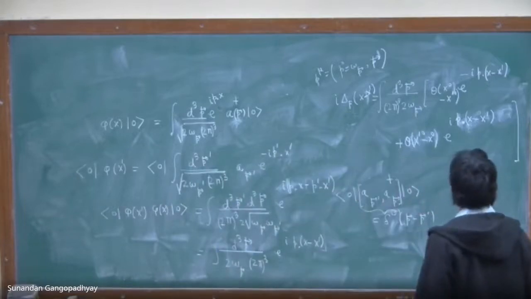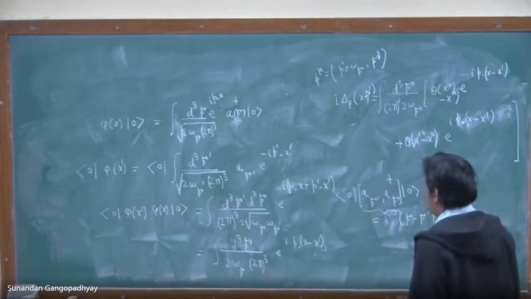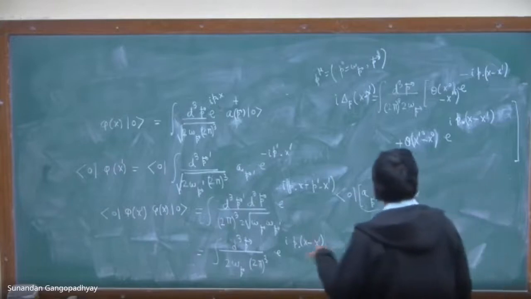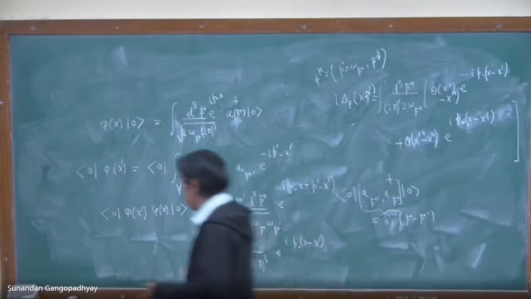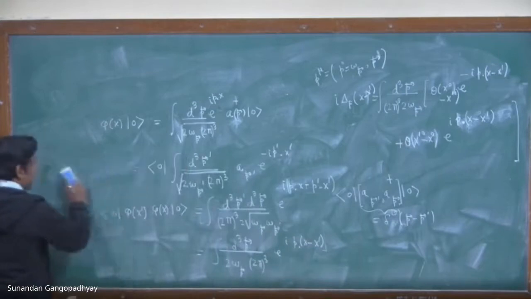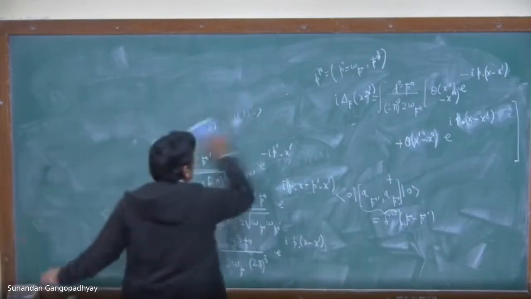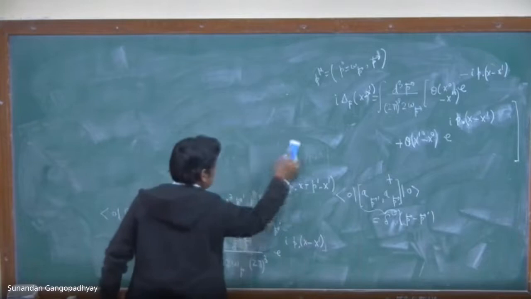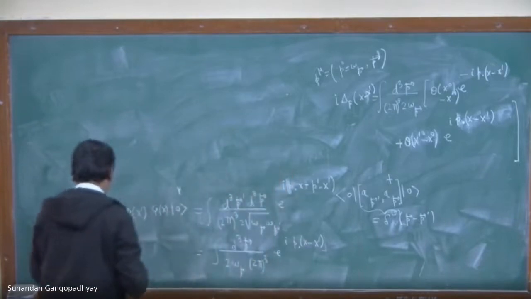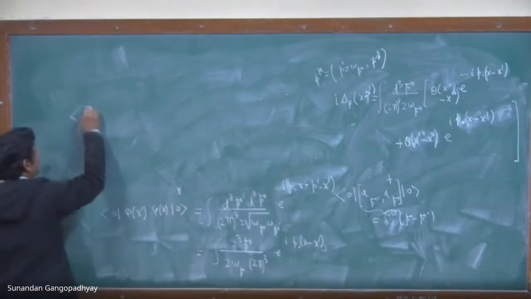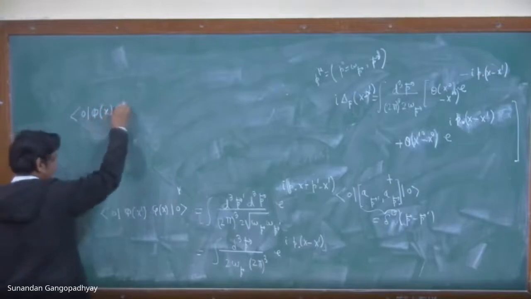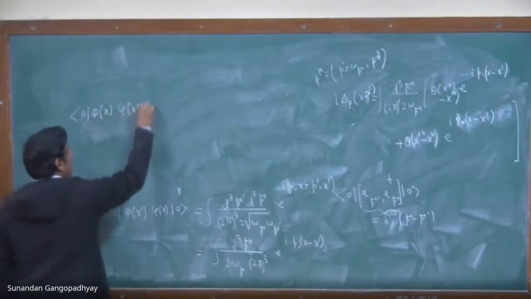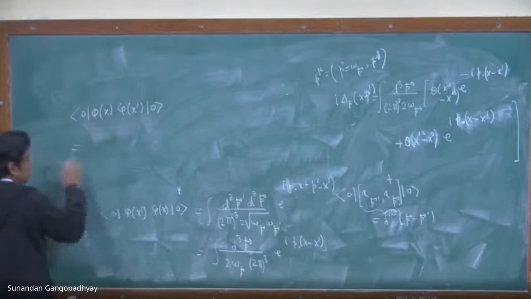If you swap that, what you will get is the integral d³p, whatever factors you have, the same factor downstairs, and e to the power of... x and x′ have been swapped. So I will get −ip·(x − x′). So when you swap it, this sign just changes. Okay?